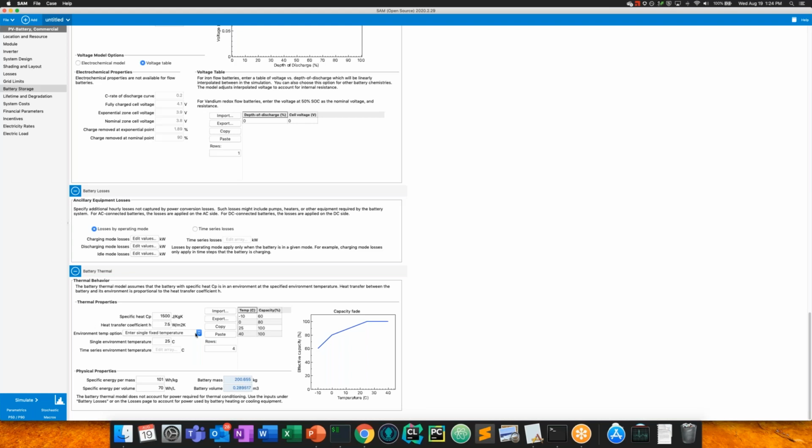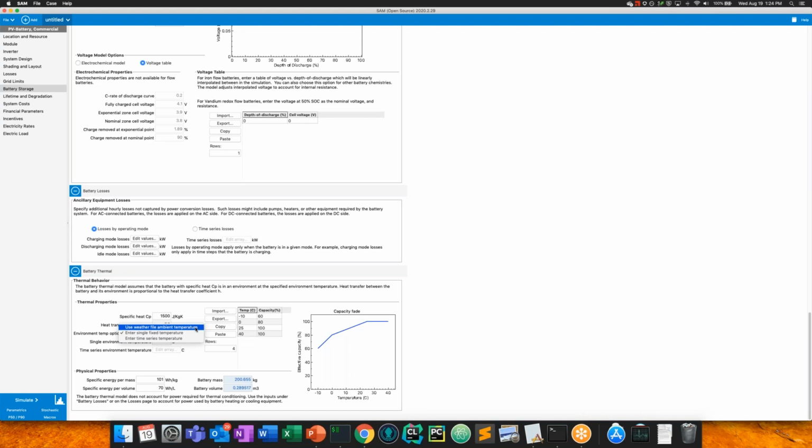There are some ways to input the environment temperature as well. You can enter a single fixed temperature. So this is if the battery was in a tightly conditioned room where there's no variation in temperature. You can also use the weather file ambient temperature.